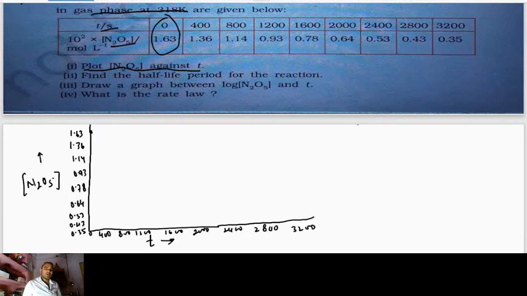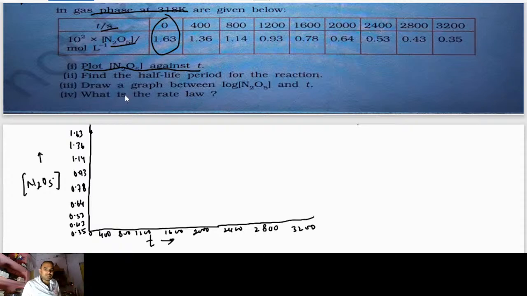It will take a moment. When you are writing on the board, it will disturb. So I by mistake wrote on the board.